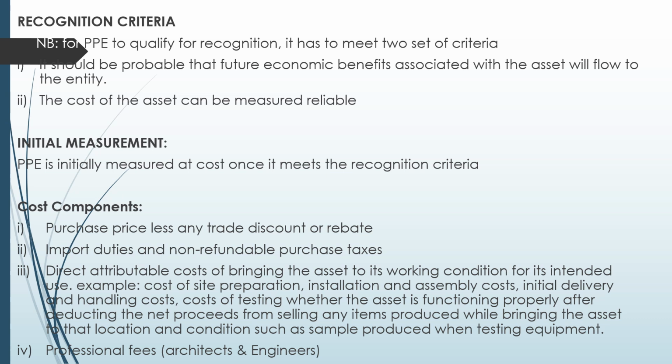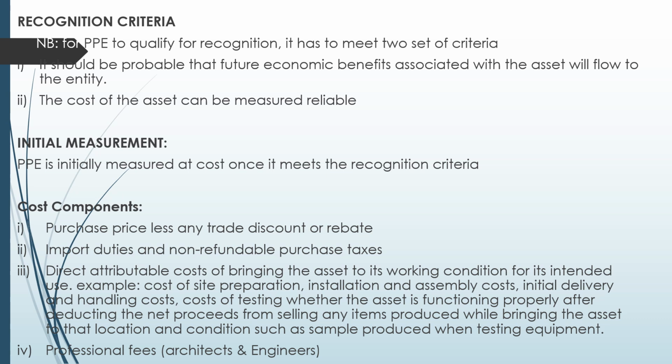It should contribute to producing profit for the business. So if the item meets these two criteria and the cost can be measured reliably, then it can qualify for recognition as property, plant, and equipment.